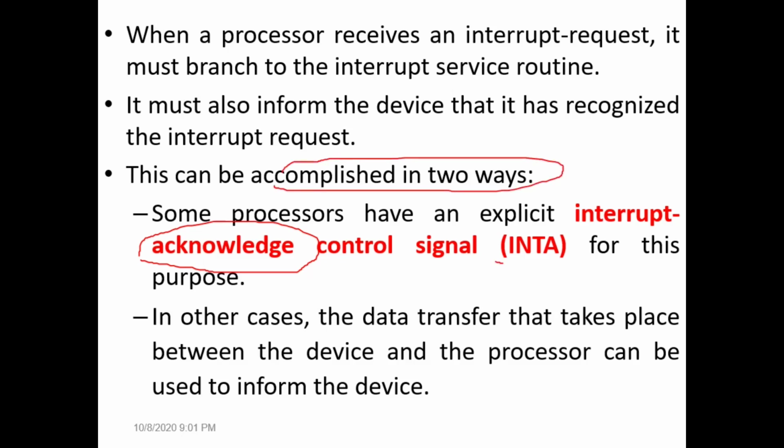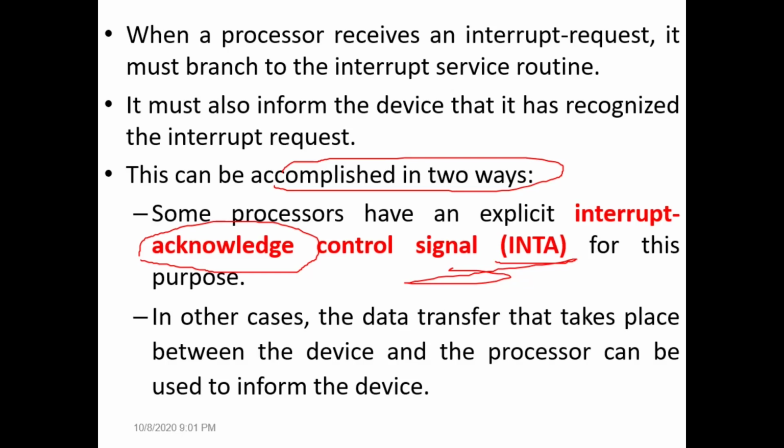One is the INTA signal itself. That means from the processor to all input output devices there will be a hard wire, a physical wire connected from the processor to all the IO devices, called the INTA line or INTA signal. Whenever a particular device interrupts the processor and the processor comes to know there is an interrupt, it immediately sends a signal through that line.